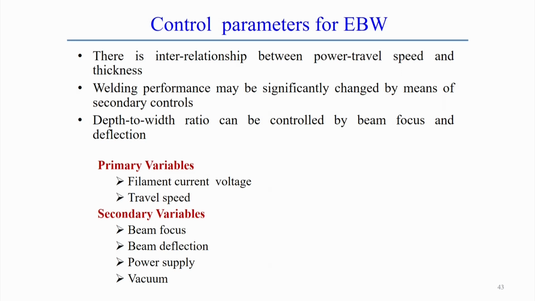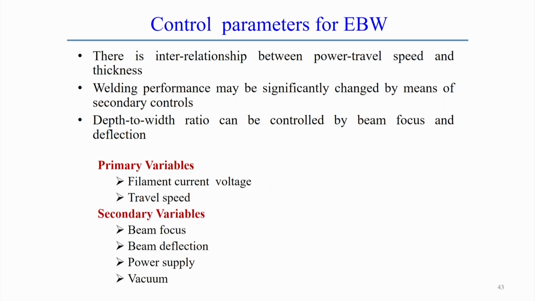Like other welding processes, or gas arc welding processes, several control parameters also exist in the electron beam welding process. We can divide them into two components: the primary variables and the secondary variables.